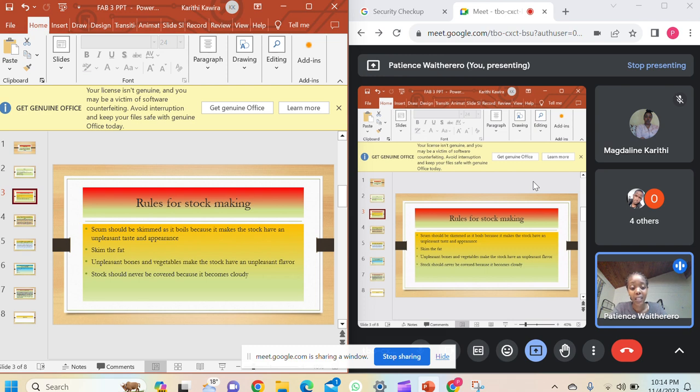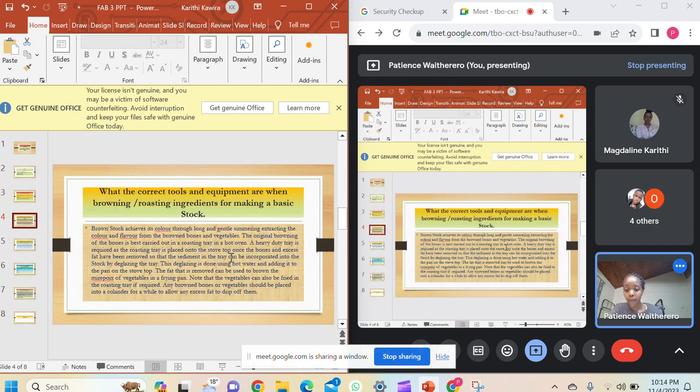Okay, when simmering, there is equipment that I use. We have a soup ladle, a waste pot, a large deep boiled spoon. Can you see this slide? Whatever is in this slide is basically about the ingredients that are used for making stock and the equipment that are used for making stock, and I've already mentioned them.